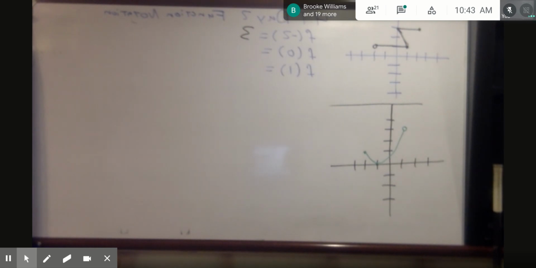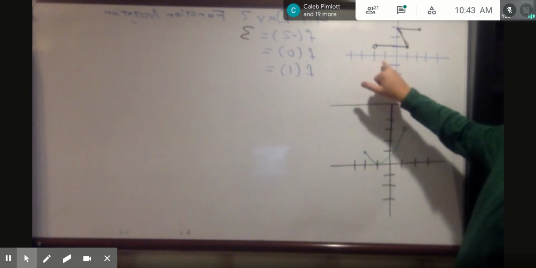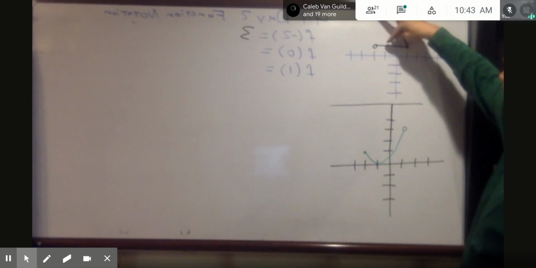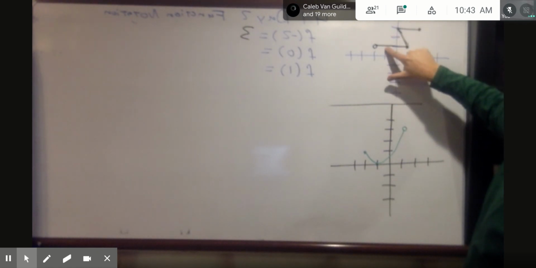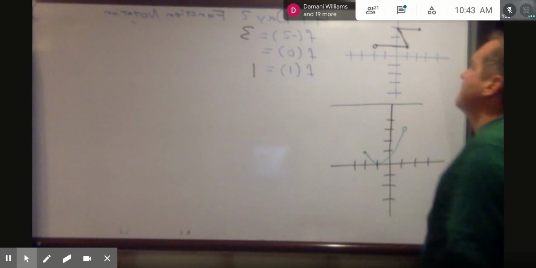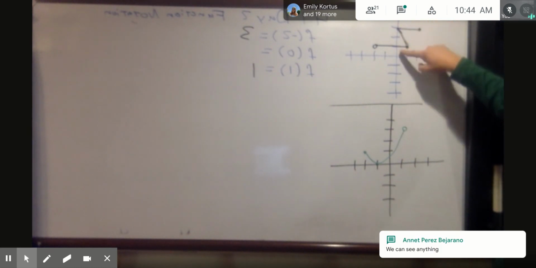All right. So, once again, I apologize if you can't see this very well. When x is 1, right here, what is the y value? So when I go up here on x is 1, y value is also 1. When x is 0, the trick is there's 2 points.